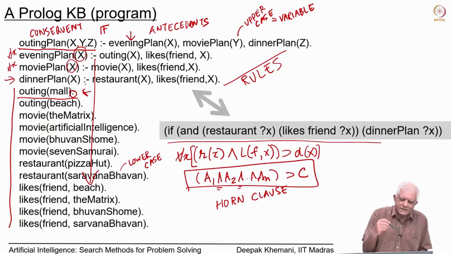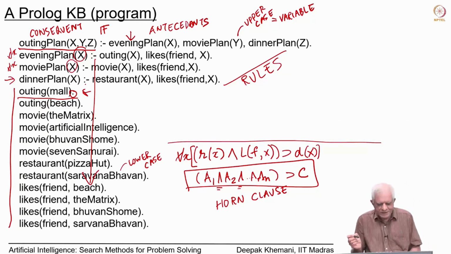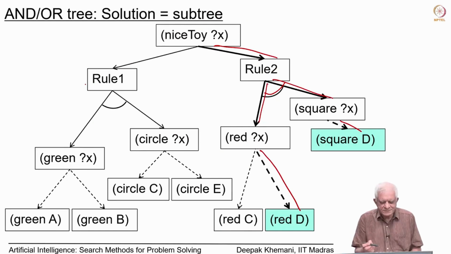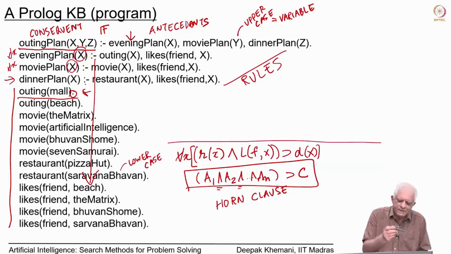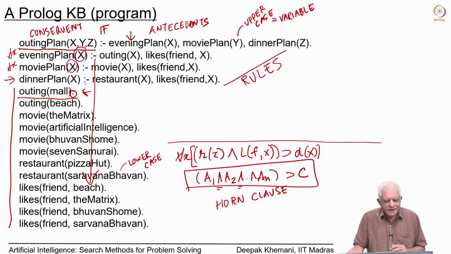You can imagine that there is the same kind of a subtree that we saw previously. A similar subtree exists for the program to determine whether you have an outing, and essentially Prolog does depth first search here.